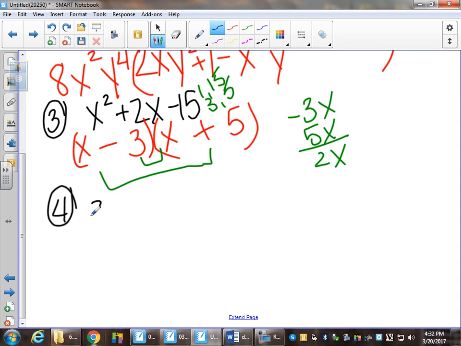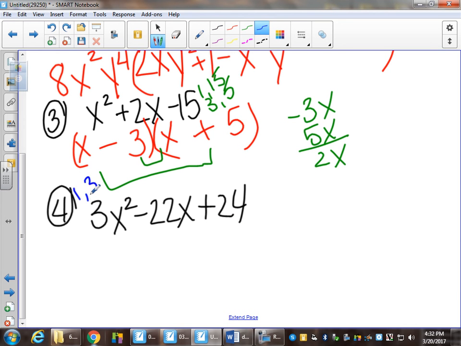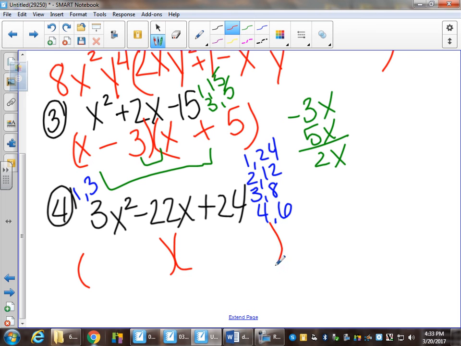Number 4, 3x squared minus 22x plus 24. Factors of our a term, 1 and 3. Factors of our c term, 2 and 12, 1 and 24, 3 and 8, 4 and 6. We're going to have a 3x and an x.